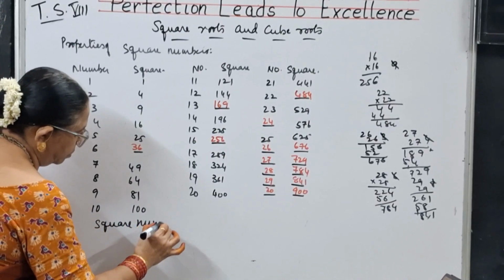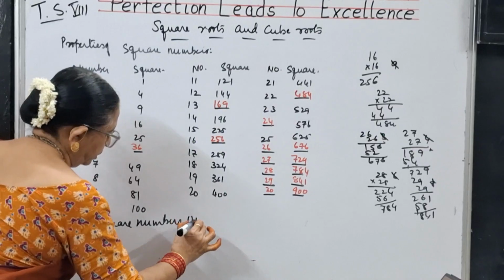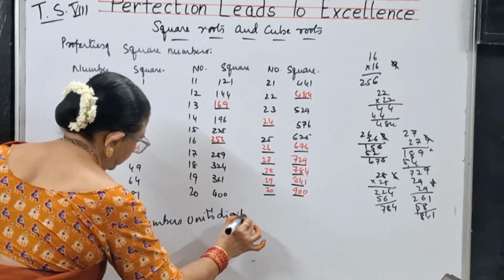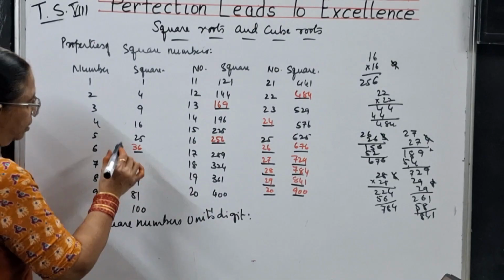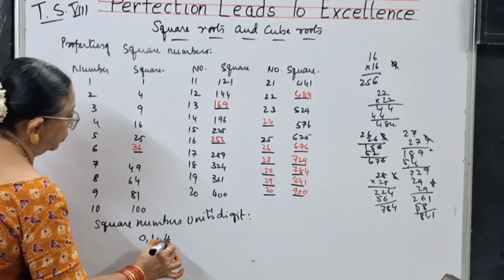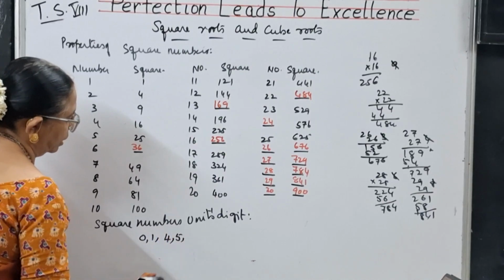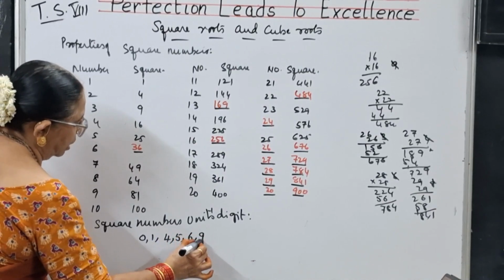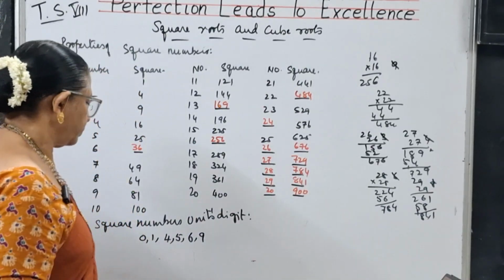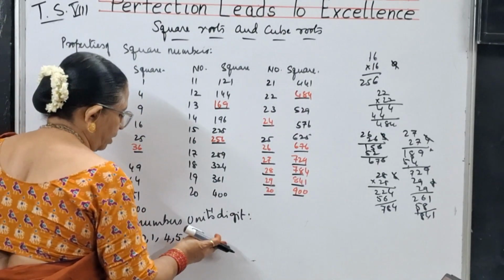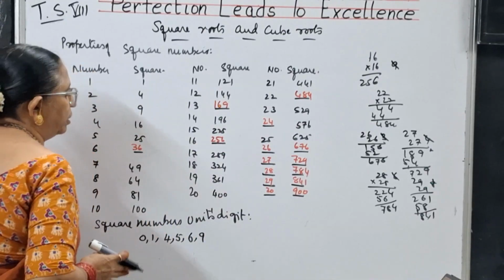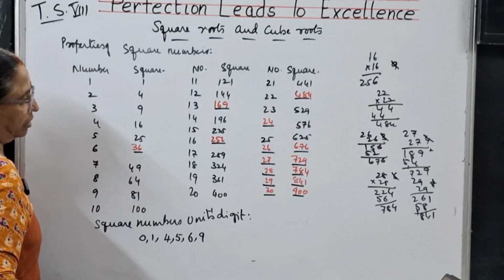What are the square number units digits? You have started with 0, 1, and then 4, then 5, then 6, then 9. 0, 1, 4, 5, 6, 9. So, if these are there in units place, there is a chance for the number to become a perfect square.